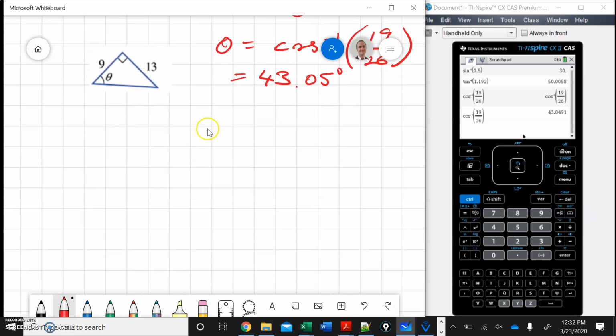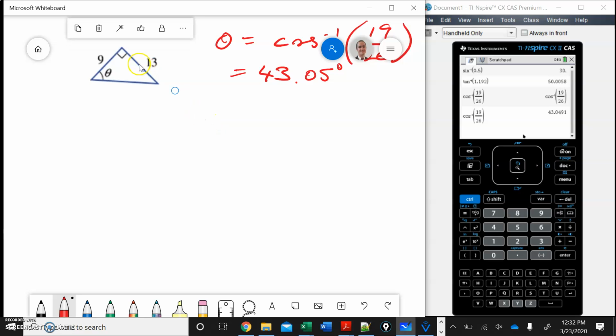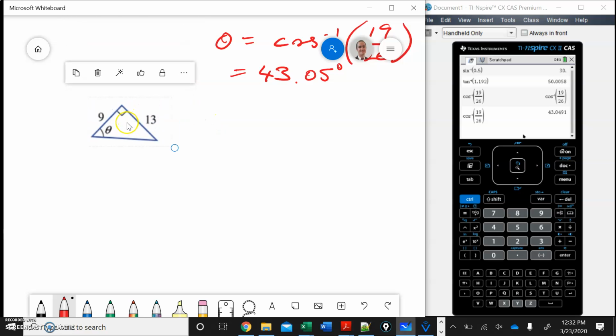Okay, we'll try one more. Again, labeling our sides first. The side that's opposite the right angle is going to be our hypotenuse. The side that's opposite the angle is over here, the 13, and that's going to be our opposite side.